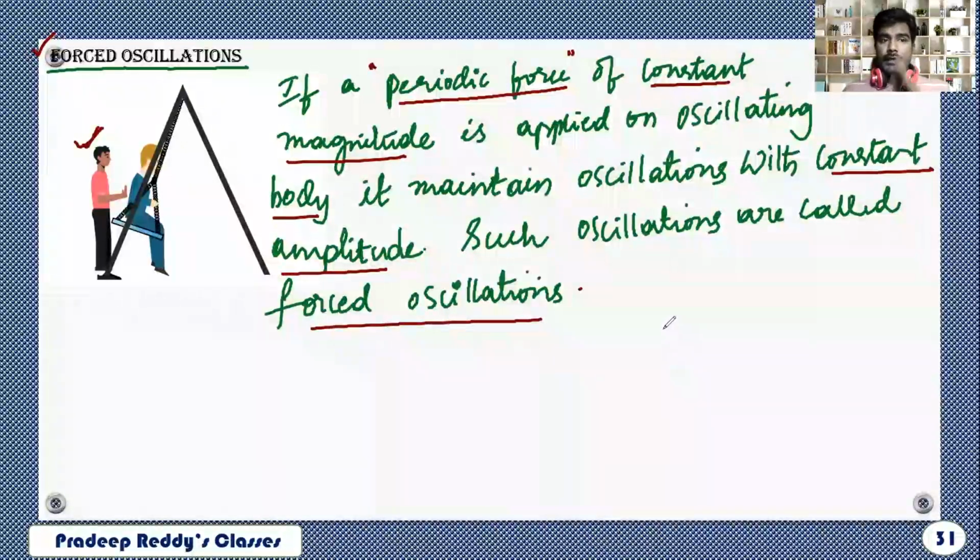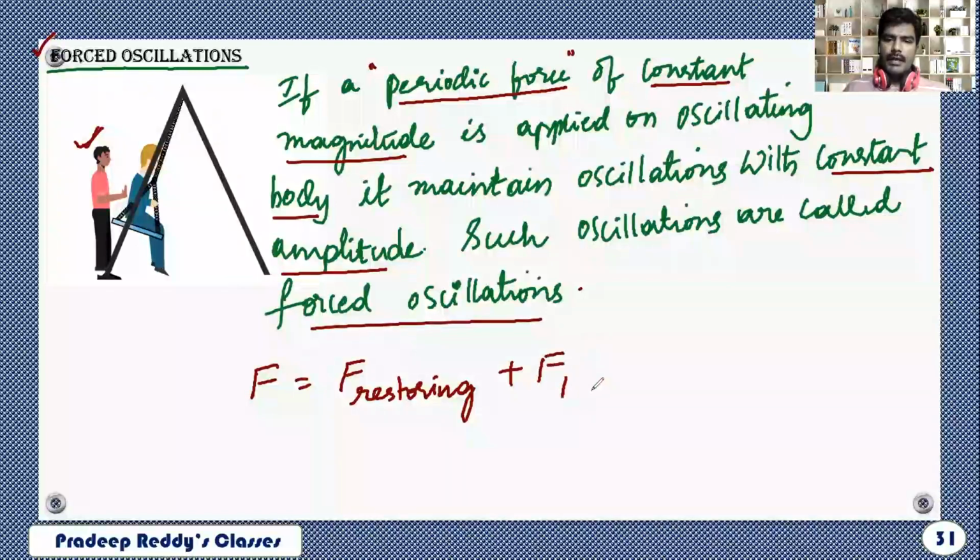Now, for forced oscillations, there are three forces acting. What are they? One is the restoring force; definitely there will be a restoring force, then only it will become oscillations. The other is the damping force already acting on the object, which is why it comes to rest.